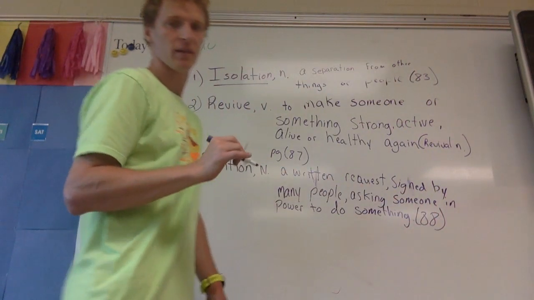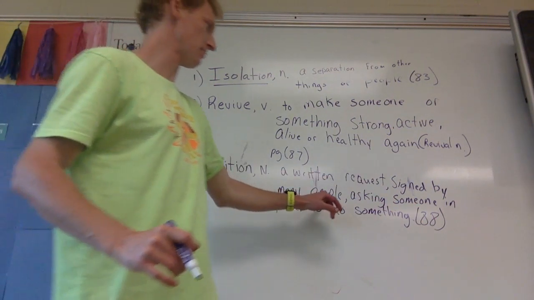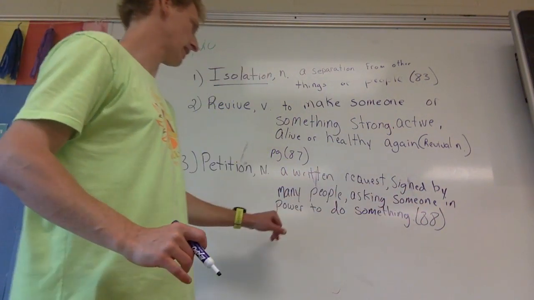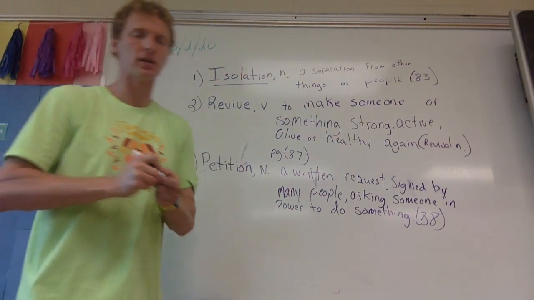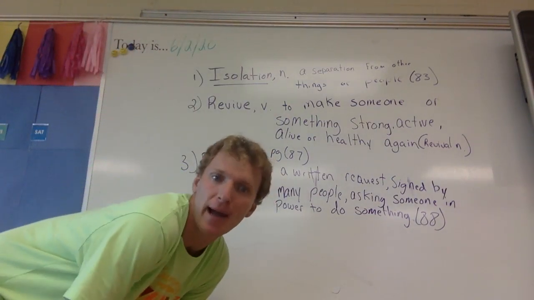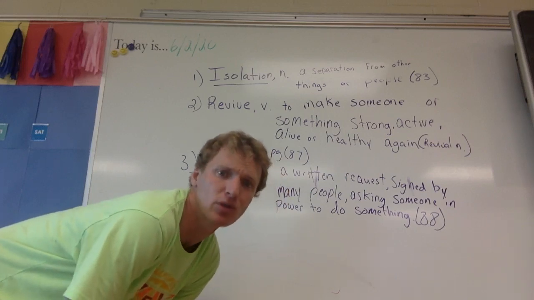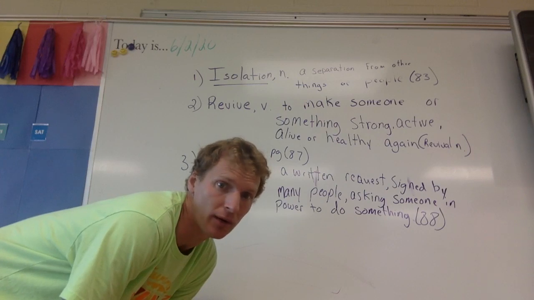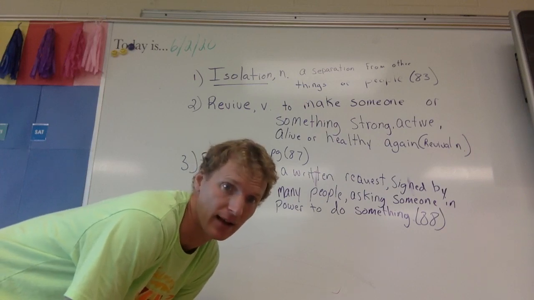Okay? And we sign a petition. It's a written request signed by many people asking someone in power to do something. So sometimes people write petitions to governors, mayors, presidents, right? Asking them, can you do this? Now they don't just write a petition to someone that can't. That's not going to work.